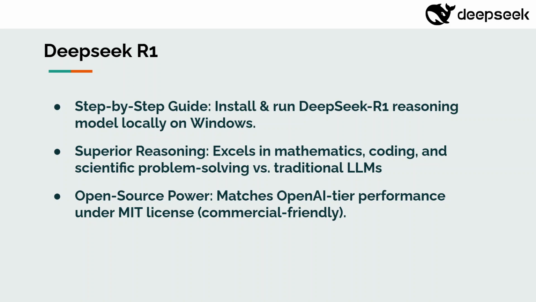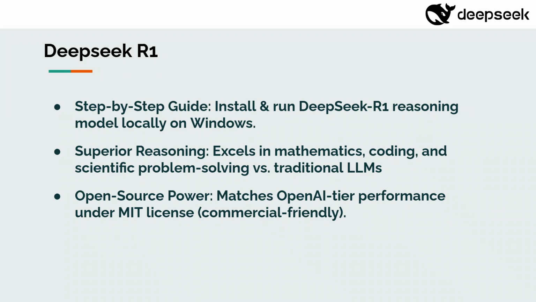In today's session, we're going to install the DeepSeek model locally on Windows step by step. It's basically used to excel in mathematics and coding, and we'll see a specific use case here.